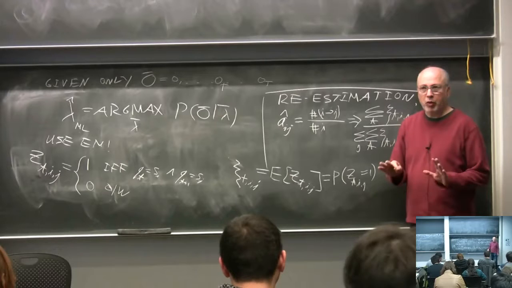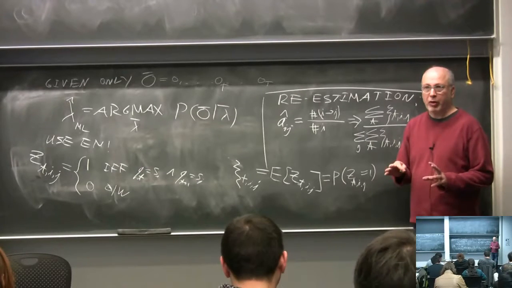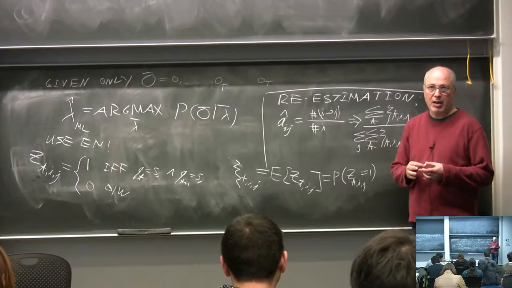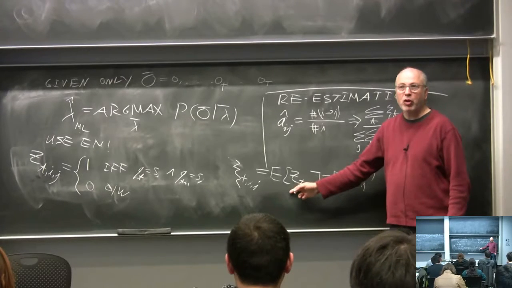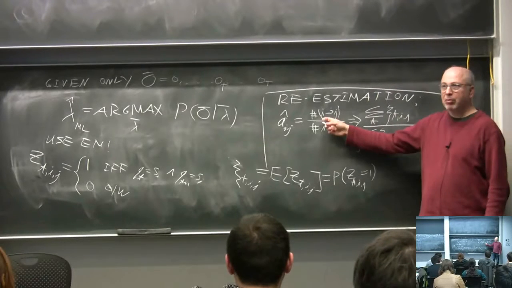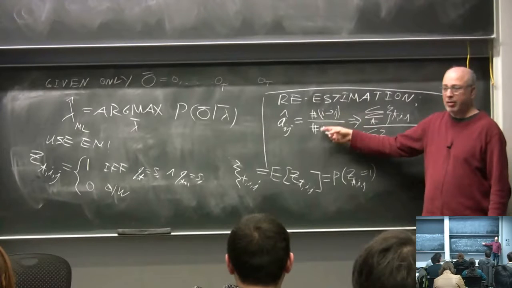If you remember, this is the general formula for EM, the shortcut for EM in the case of likelihoods that come from the exponential family: you define these z's, and then you go directly to the maximum likelihood formula, pretending that you had the true hidden events.